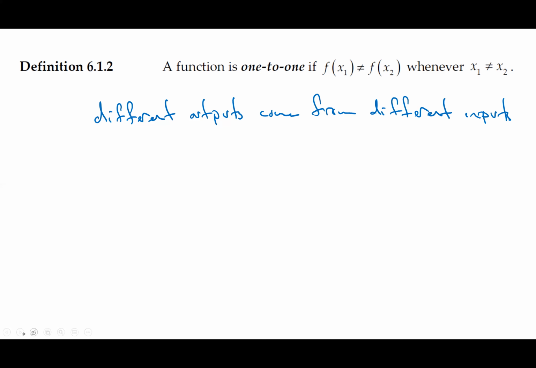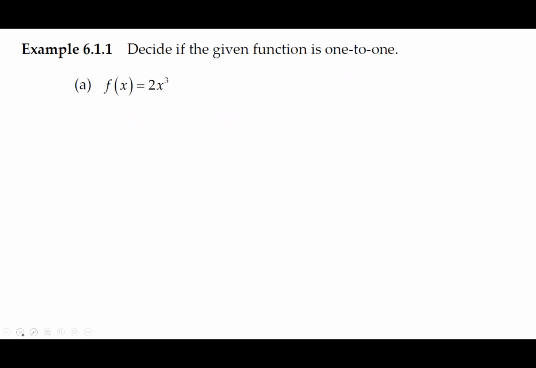So let's decide if the given function is 1 to 1. So f of x equals 2x cubed. Well, we know from the graph that it essentially looks like this.